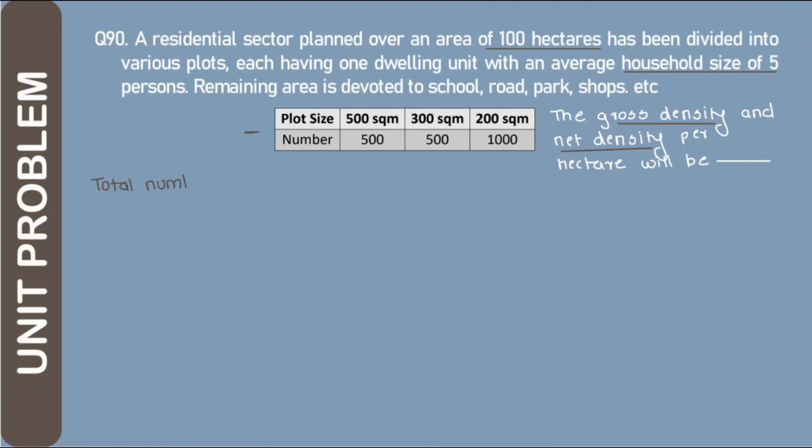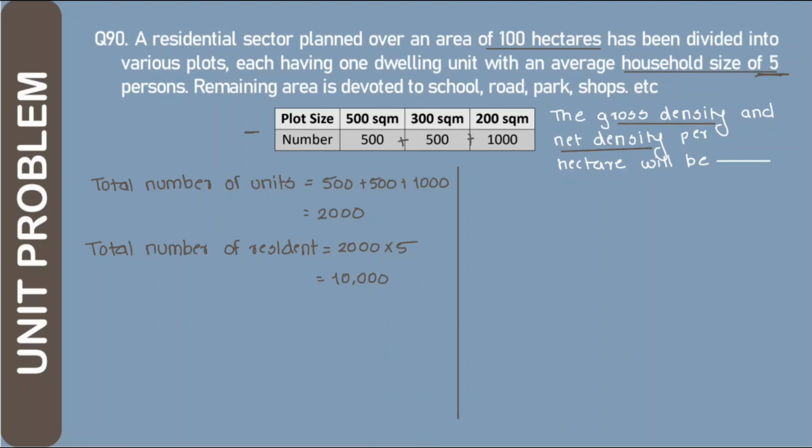So the total number of units is the addition of all this, that is 2000 units. Total number of residents will be 2000 into 5, the household size is given, hence there are 10,000 people in this area. Gross density is equal to population divided by total area. So population is 10,000 divided by 100 hectares, that comes up to 100.